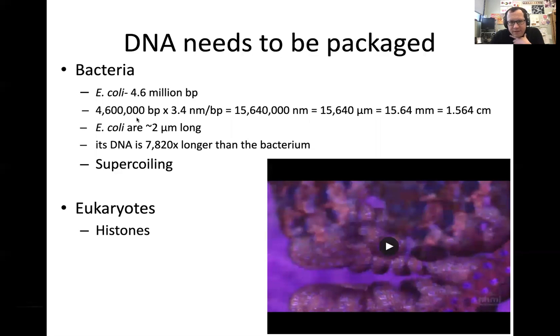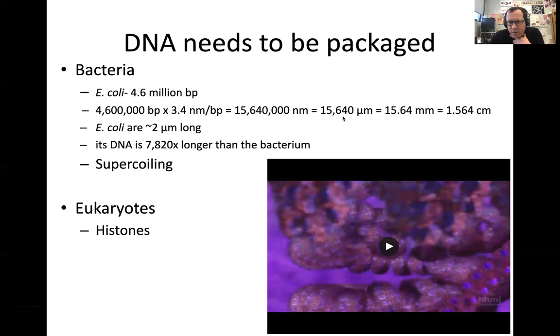If we do some basic napkin math here, 4.6 million bases times 3.4 nanometers per base pair, right? So this will tell us how many nanometers our piece of DNA is. And so it's 15 million plus nanometers long.